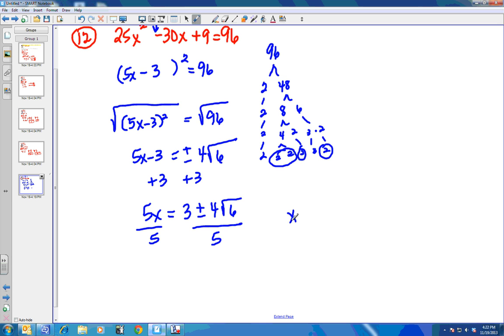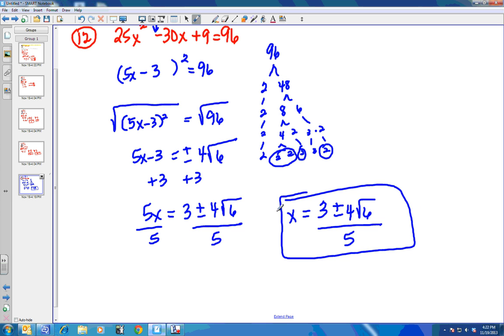So x equals 3 plus or minus 4 square root of 6 over 5. And that's what your answer will stay like. Okay, this is your answer. If these three numbers, my 3, my 4, my 5, if those would simplify, I could simplify them. But since they can't, I leave my answer just like that.